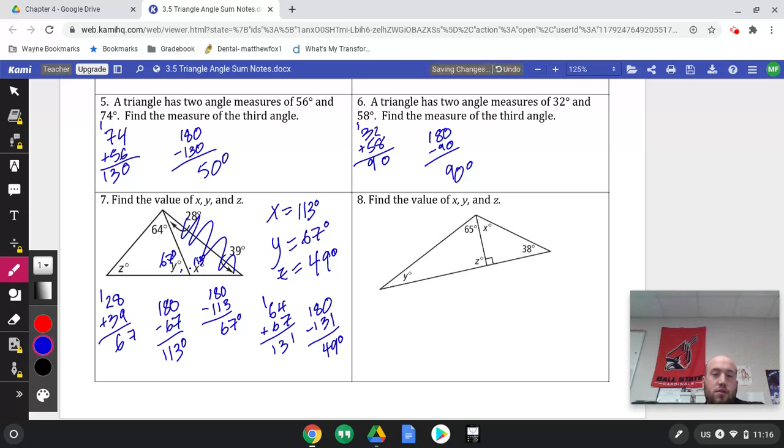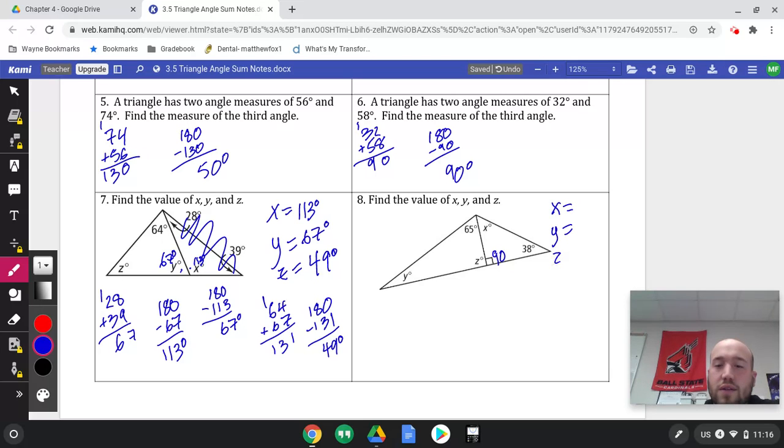One more like this. Take a look here. The good news is on this one, we've got this box we know is 90. If z and that box are a linear pair, that tells us they will add up to 180, and we know that z is also 90 degrees. Now we have just two simple problems like up above. We've got to find x.